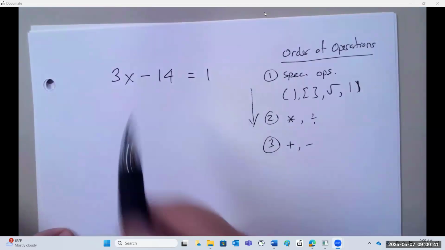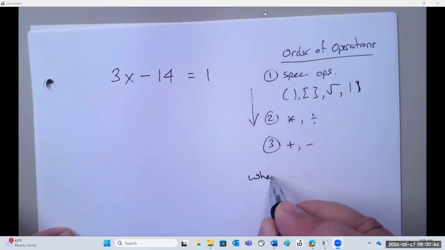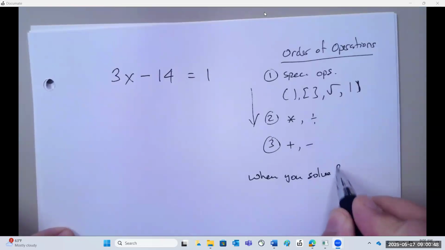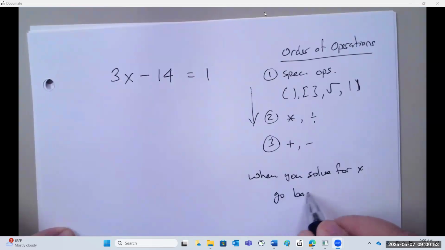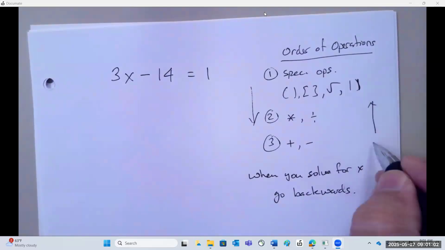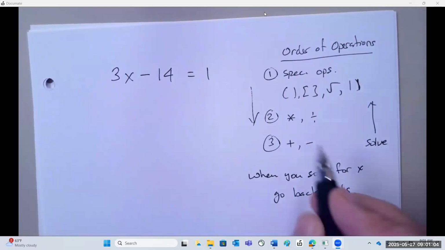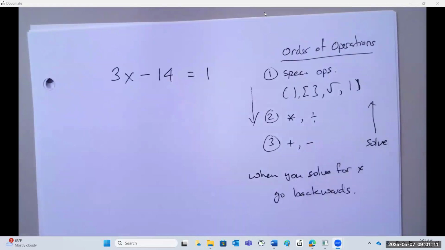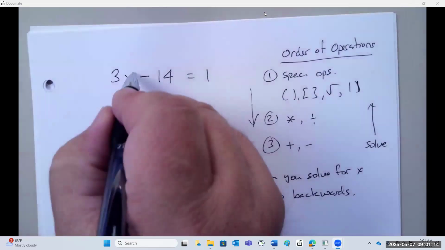When you solve, go backwards. The first thing we have to do is get rid of plus and minus, because we're trying to get to x.